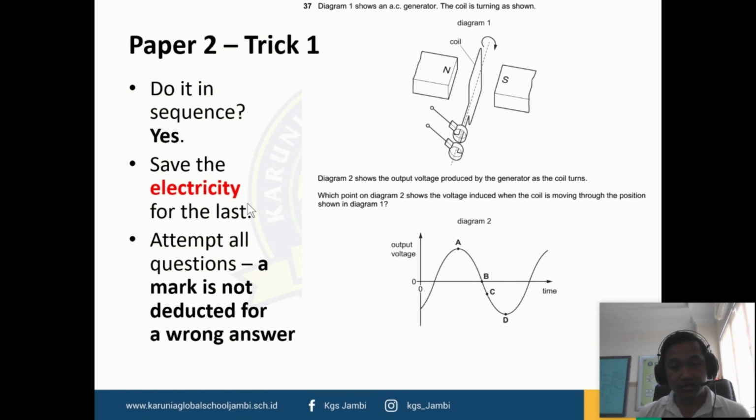So I would like to suggest that you leave electricity for a moment, although that is not always the case. So first of all, remember, do it in sequence and don't waste your time. Leave electricity for last.